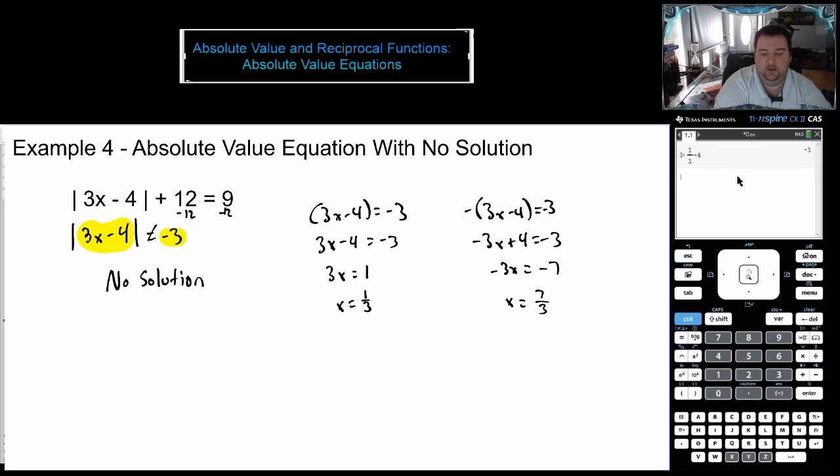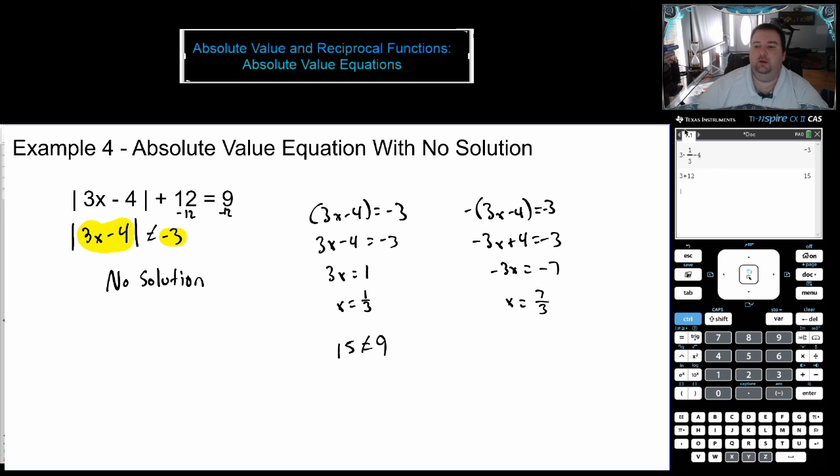That's negative 3 plus 12. Remember that negative 3 is inside the absolute value sign, so it's going to become positive. So you're going to have positive 3 plus 12, which is equal to 15. And of course, 15 does not equal 9. No. Okay, let's try the next one.